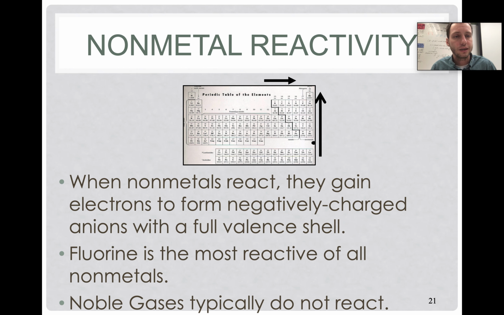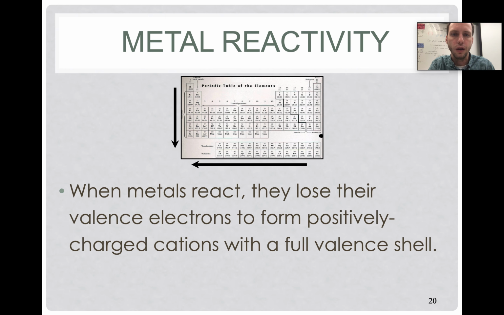Our nonmetal reactivity is the opposite. And it's important to note, we don't include the noble gases in this trend because they're not reactive at all. And so our nonmetal reactivity increases as you go up and to the right towards fluorine, okay? Why is that?